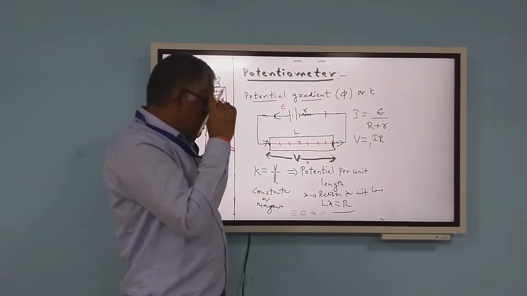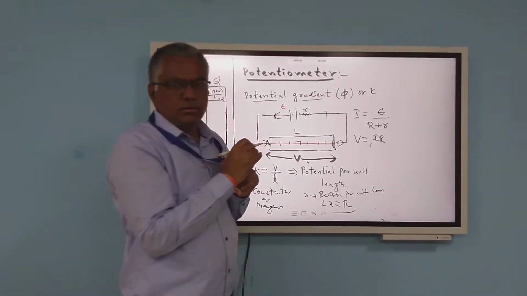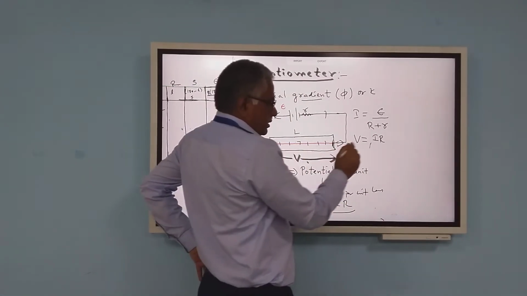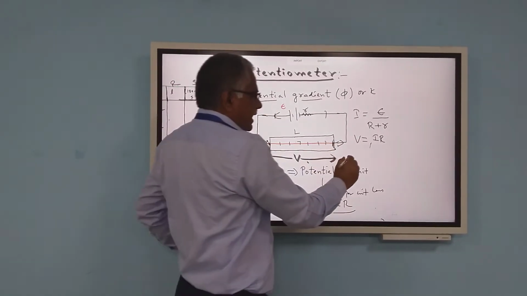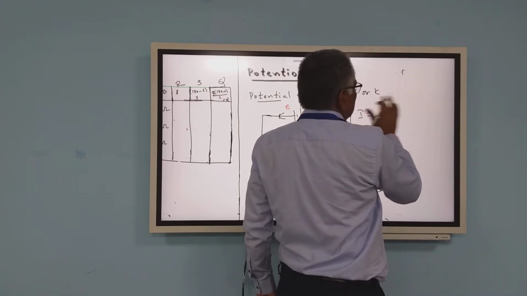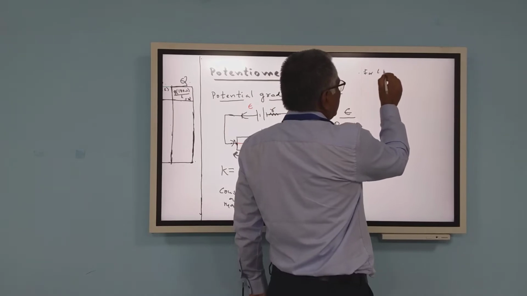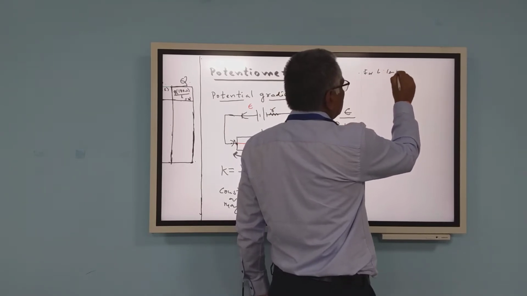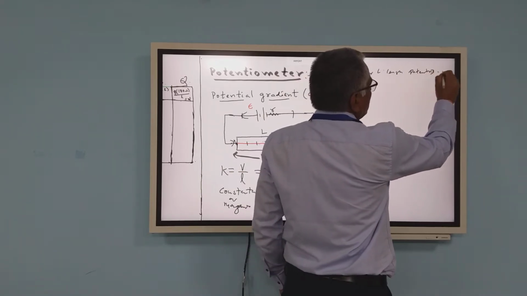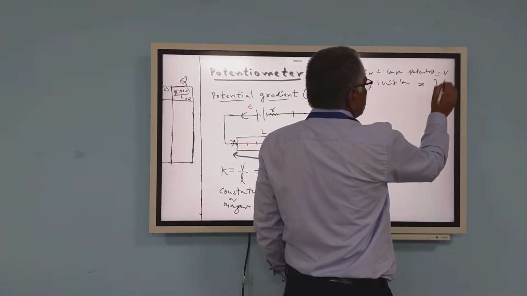Now, what we want is what is the potential. Suppose V is the potential across this length of the wire. For 1 unit, what is the potential? For the whole length L, the potential difference is equal to V. For 1 unit length, how much is it?